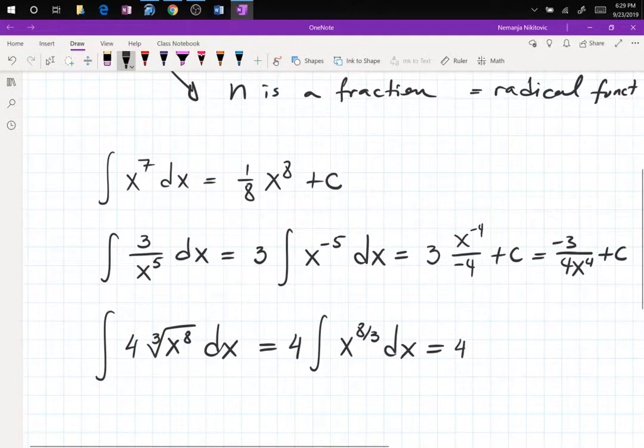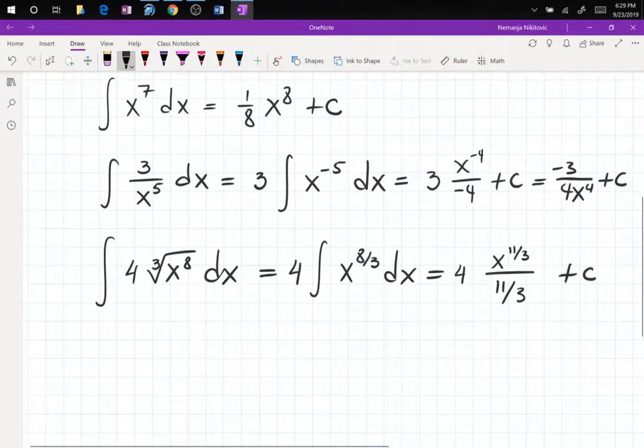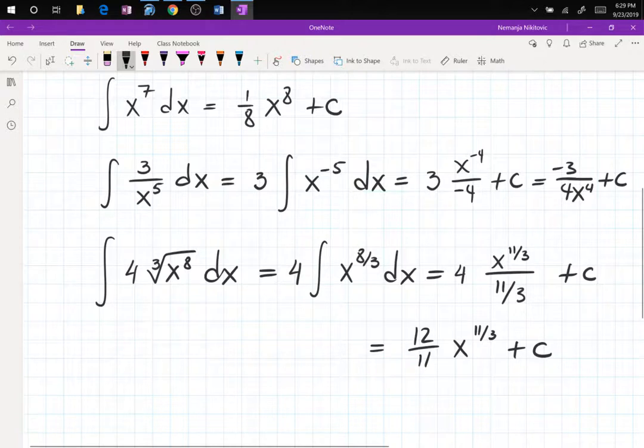So this would be 4, and then I have x to the 8/3 would be x to the 11/3 divided by 11/3 plus c, and then we fix this, which is going to be 12 over 11 x to the 11/3 plus c. You can use cube root if you want to, whatever.